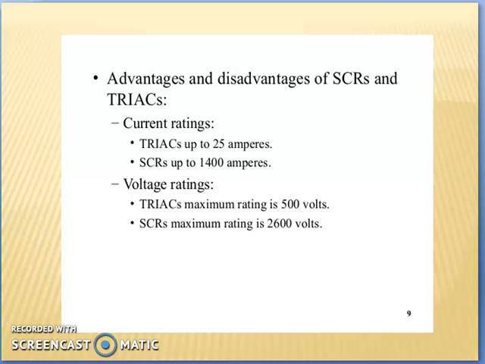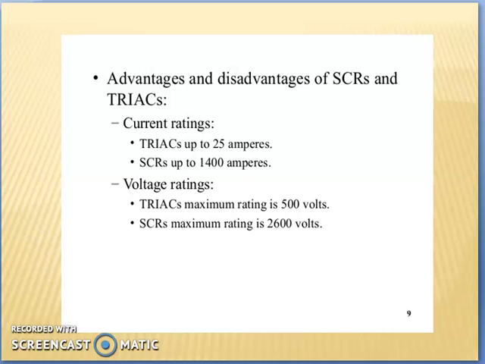Now the advantages and disadvantages of SCRs and triac. Here you can see the comparison between the current rating and the voltage rating of both SCR and triac. The triac current rating is up to 25 amperes, whereas SCR current rating is up to 1400 amperes. You can imagine this.